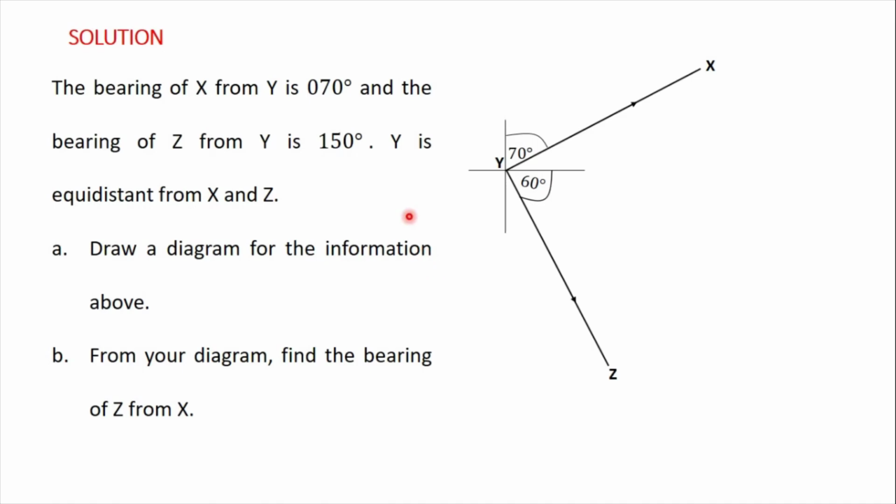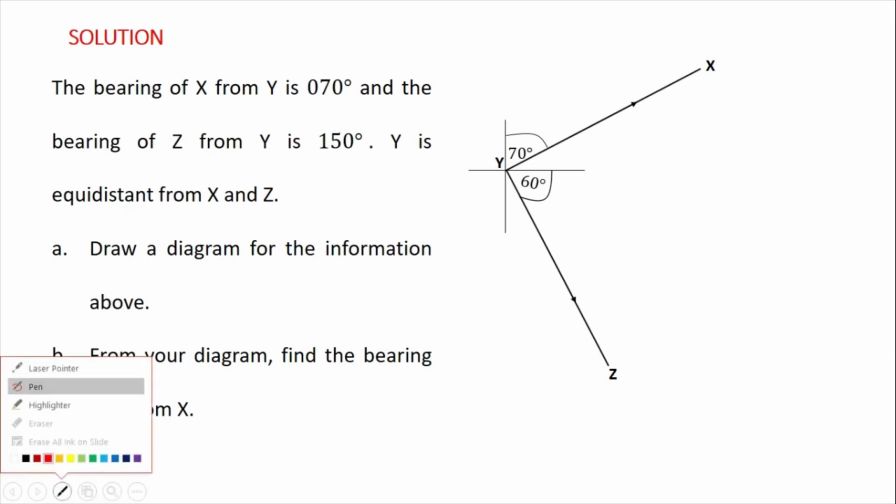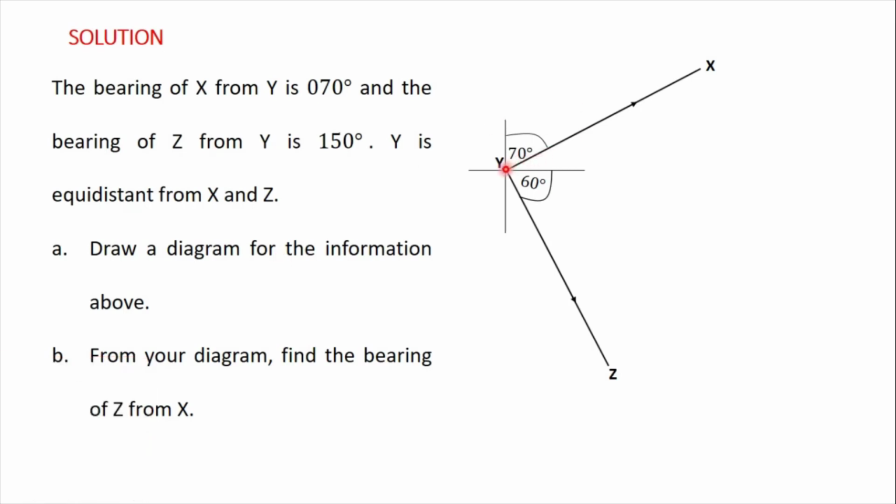The question goes on to say that Y is equidistant from X and Z. What this statement means is that moving from Y to X is the same as moving from Y to Z. That's the meaning.